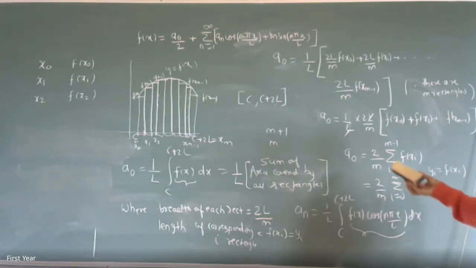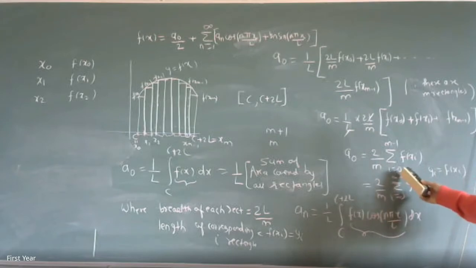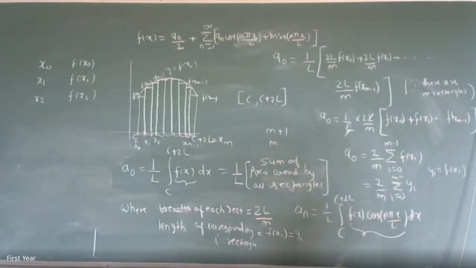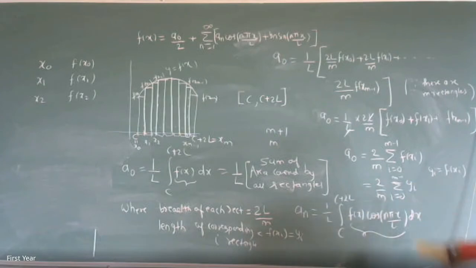And therefore, a0 is equal to 2 by m summation i from 0 to n minus 1 f of xi, which is also 2 by m summation i from 0 to n minus 1 y.